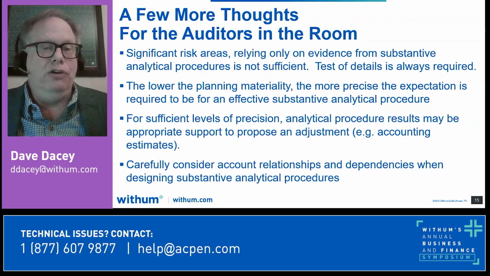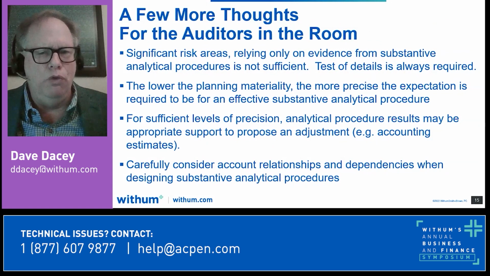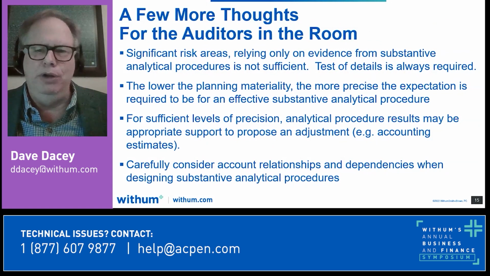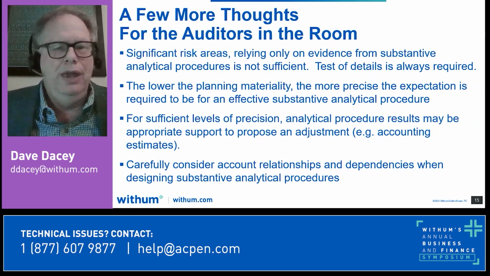So once we do that calculation, the understanding that people should have with respect to analytics is the lower the planning materiality, the more precise the expectation needs to be in order for the substantive analytical procedure to be considered to be effective. If there's a higher materiality, there's a little bit more latitude in the world of auditing as to the level of variation that you can have. But if you're having a lower planning materiality, the expectations need to be more precise.